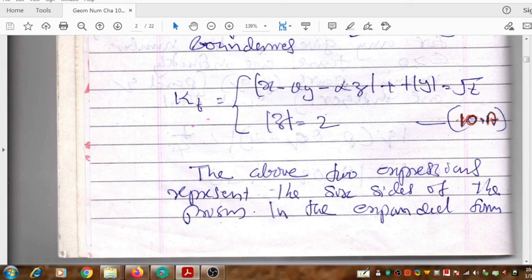When we think about the actual value of that quantity, if we write modulus of k, then the actual value of k can be either negative or positive.